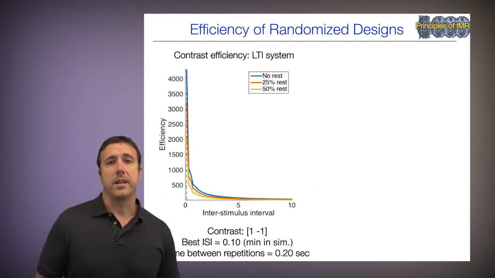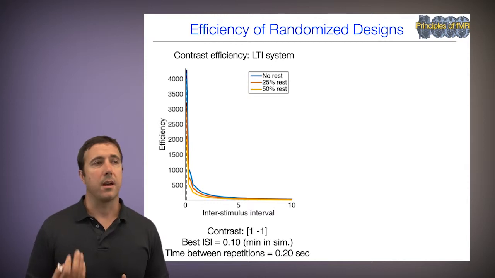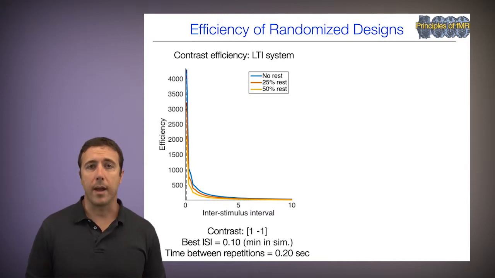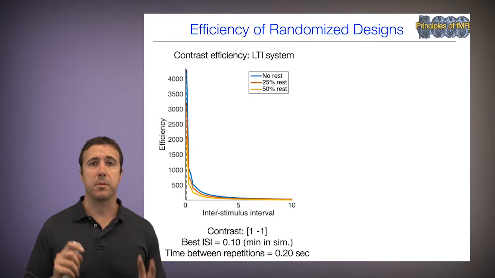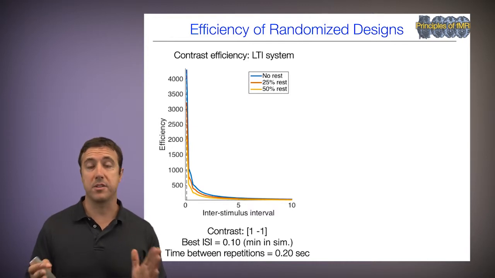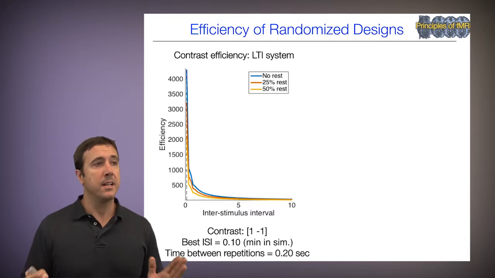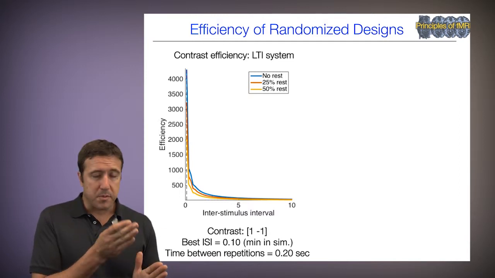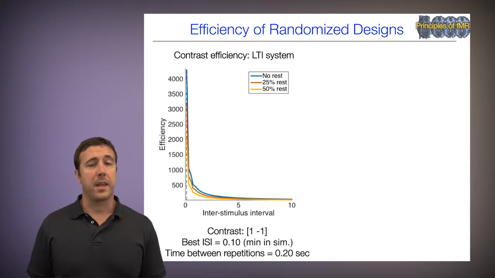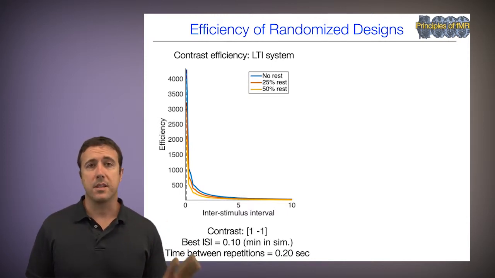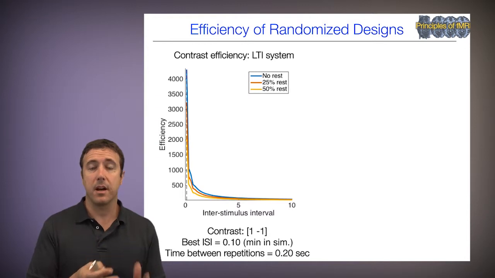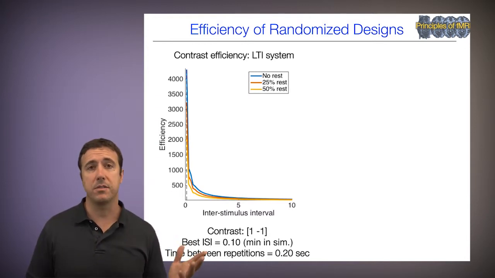And having a good model of linearity can also help us to understand efficiency in a deeper way. So what we're seeing here is a plot of efficiency as a function of the interstimulus interval, how long between events on average for a random event-related design. 0, or close to 0, would mean presenting events very, very rapidly. And with a true linear time invariant system, as you present events very rapidly, the contrast efficiency goes up infinitely.